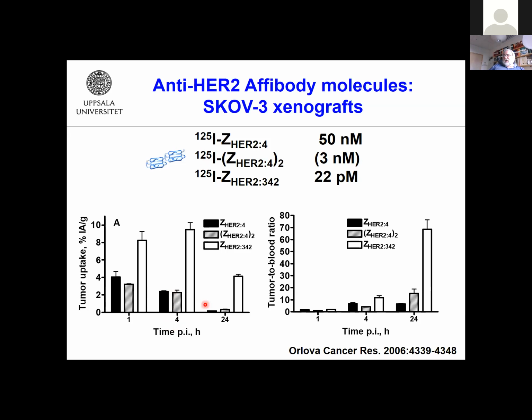However, it turned out that the dimeric variant had no better tumor uptake and no better retention compared to monomer. At 24 hours, yeah, we had an advantage of the dimeric form.